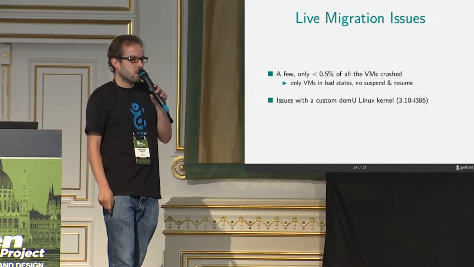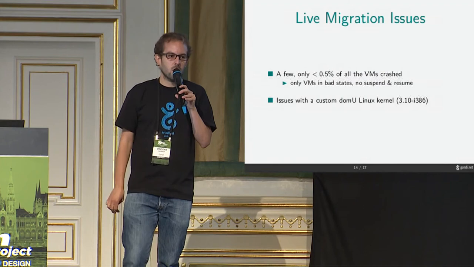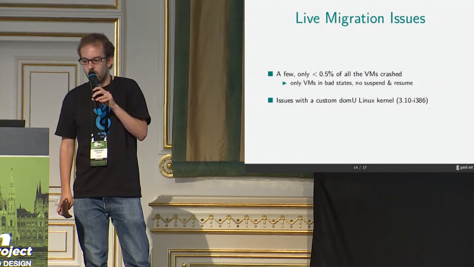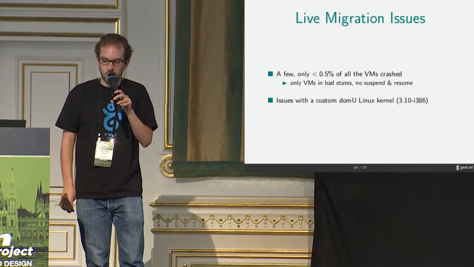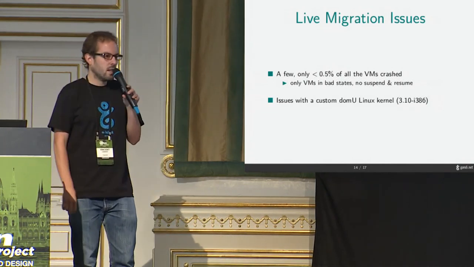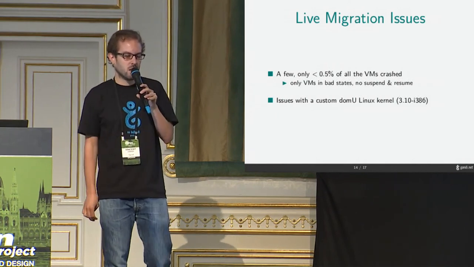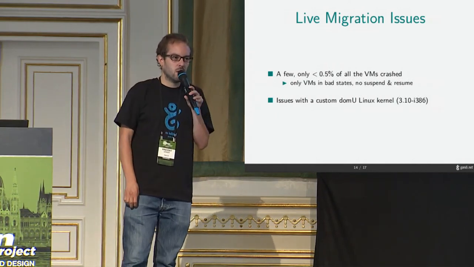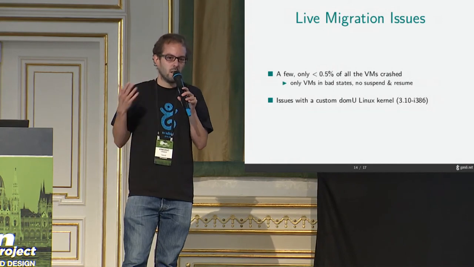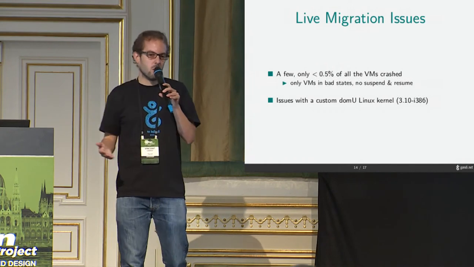Regarding live migration, we still had a few issues with it, but right now it seems to work quite nicely. For example, for the latest campaign of live migration, less than 0.5% of all the VMs had to be stop-started. Usually that was because the kernels were in a bad state. So if you can't suspend, for example, I think it's not going to work.